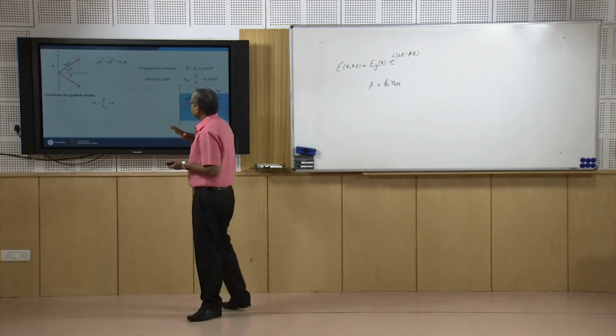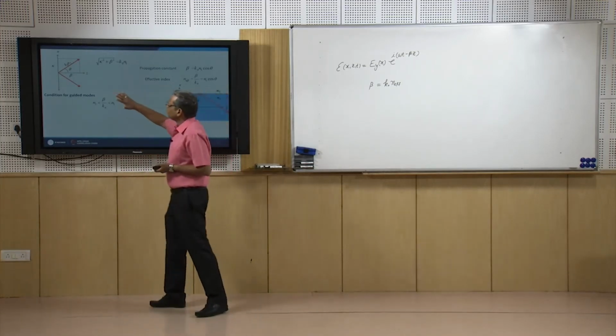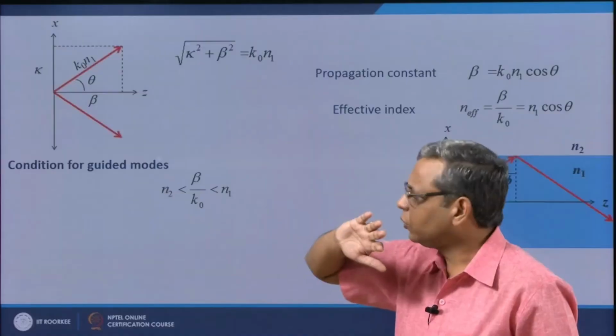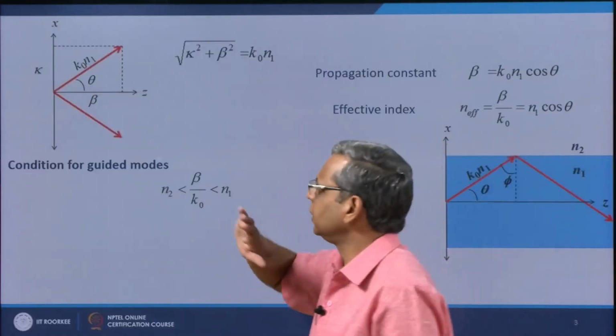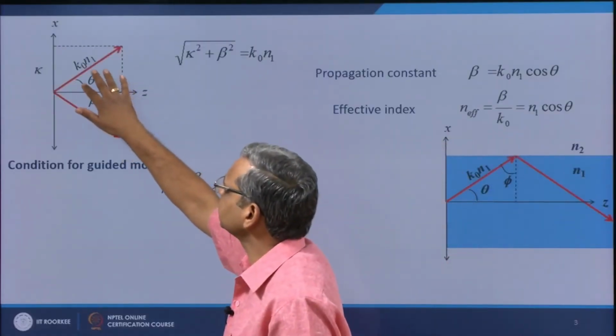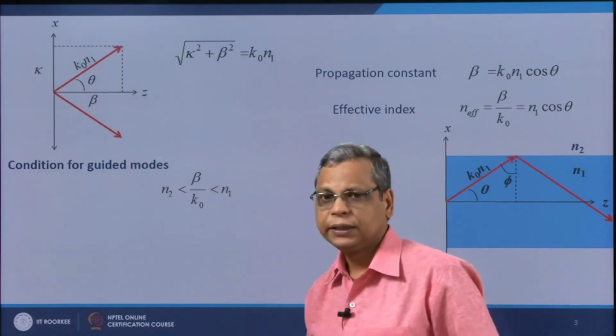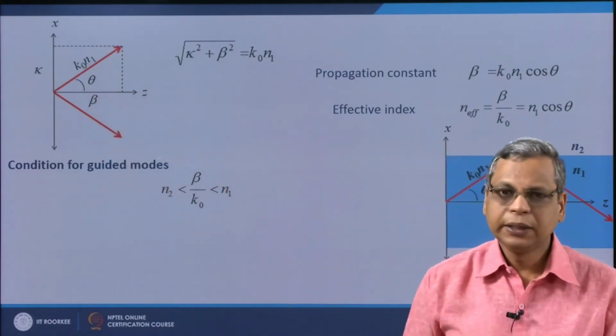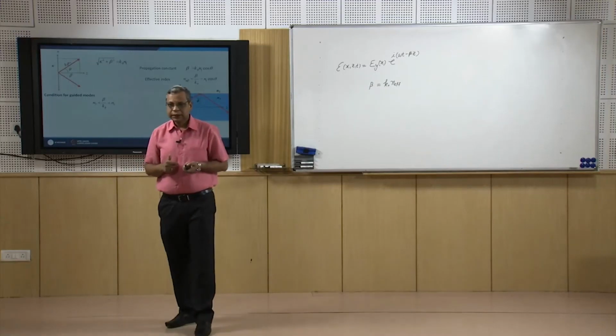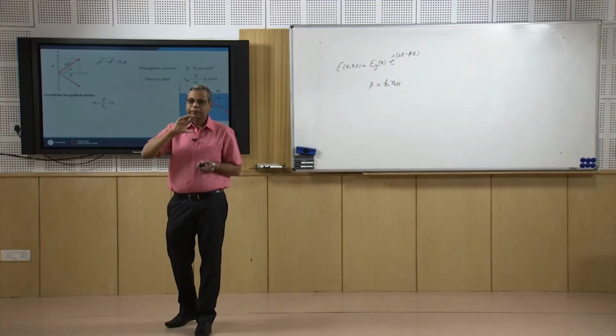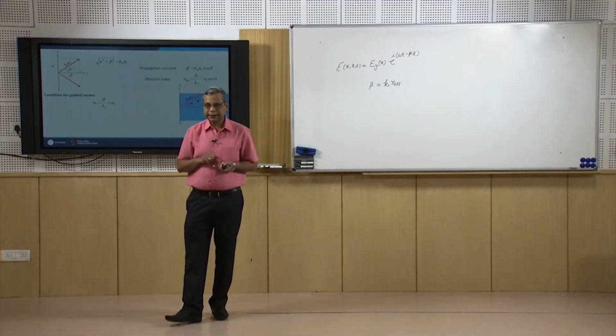So, rigorously, the effective index of the mode is nothing but the component of this along the z direction, and it gives me the velocity with which a particular standing wave pattern will travel in the z direction.